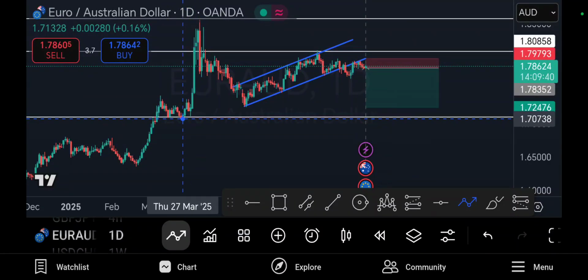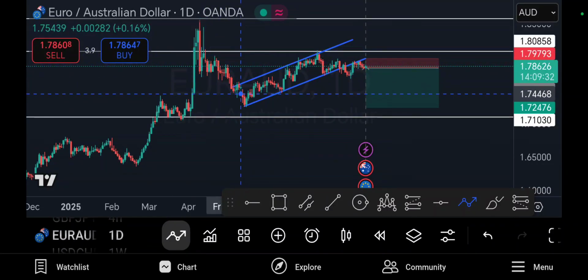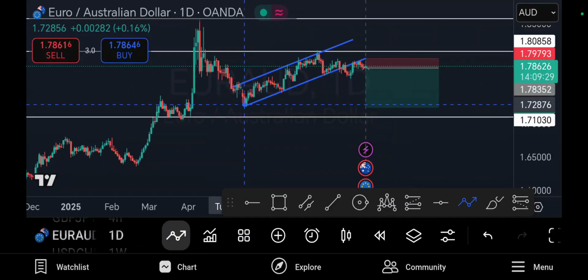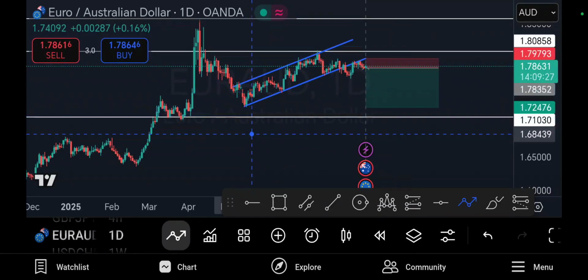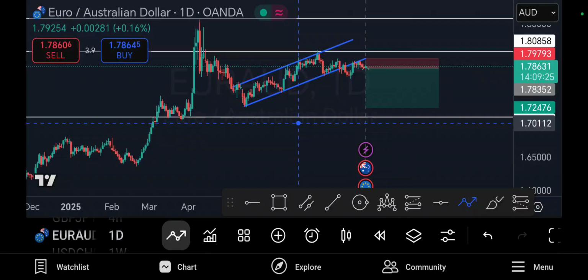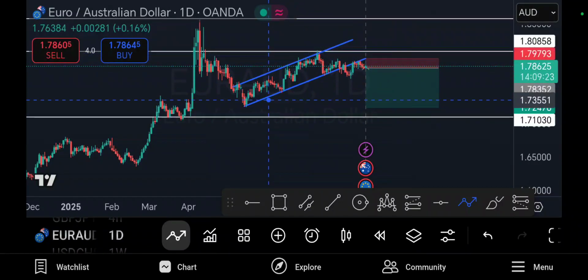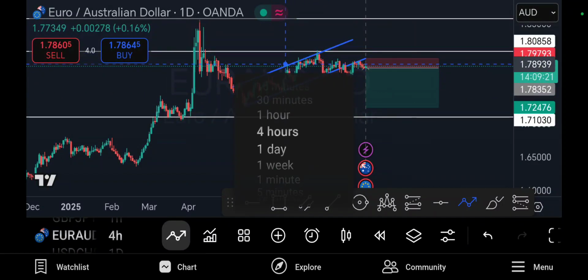The market came, retested, pushed, broke this zone, touched there. It came back again to retest this zone, pushed. You see? So we can safely say that the market is now in this area. It's an area.